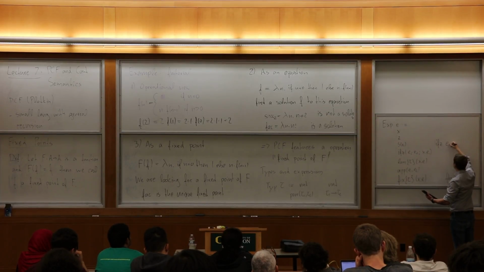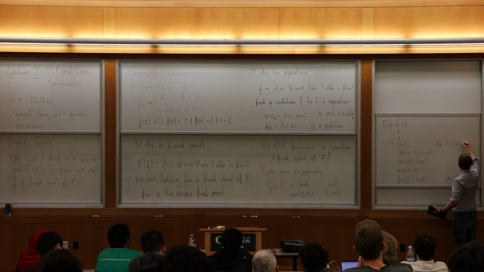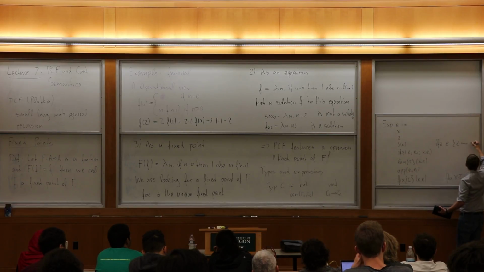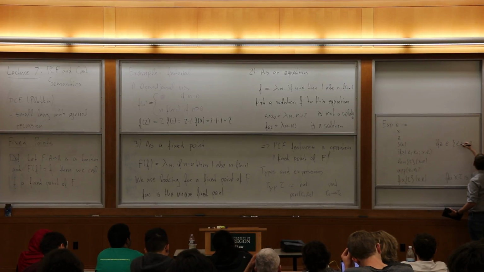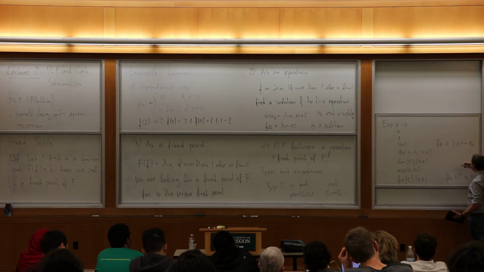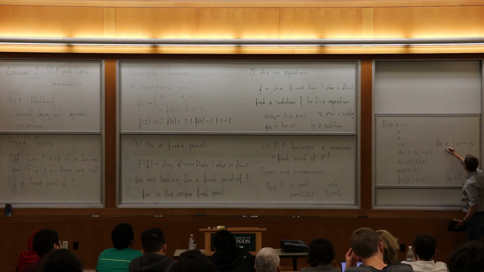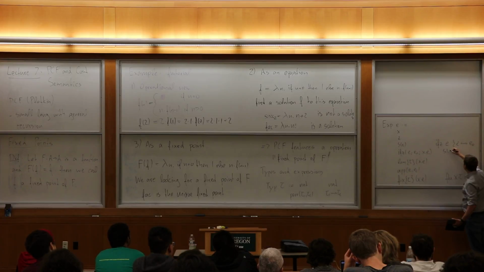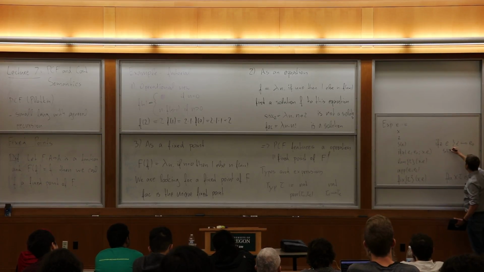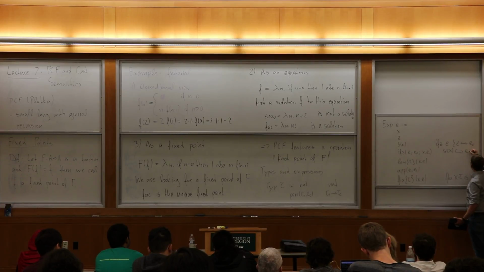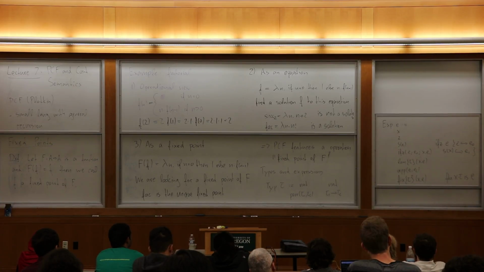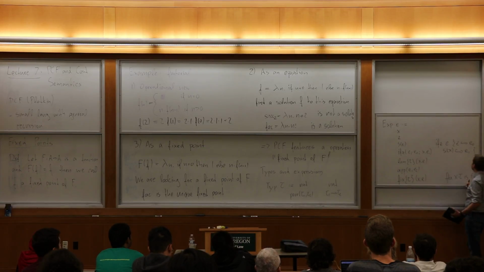If 0 E, case, if it's 0, then we do E0, and if it's the successor of X, then we do E1. This is the concrete syntax for that one.